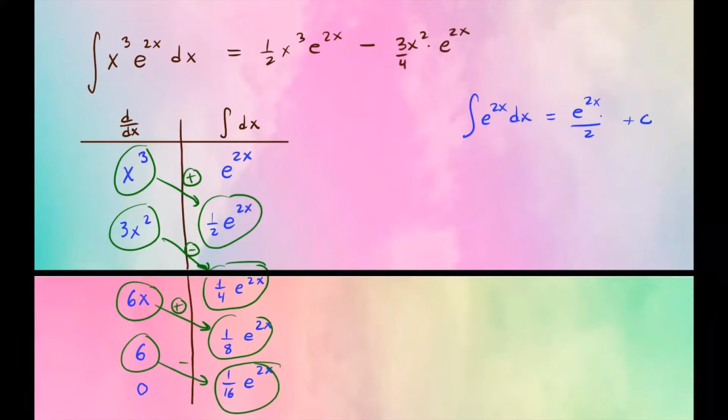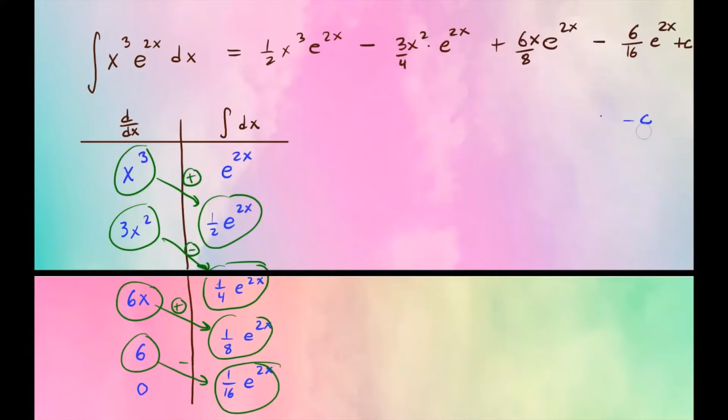And the third one, I have positive 6x times 1/8, so over 8, e to the 2x, and then minus 6/16 e to the 2x, and plus c. So that's the final answer.